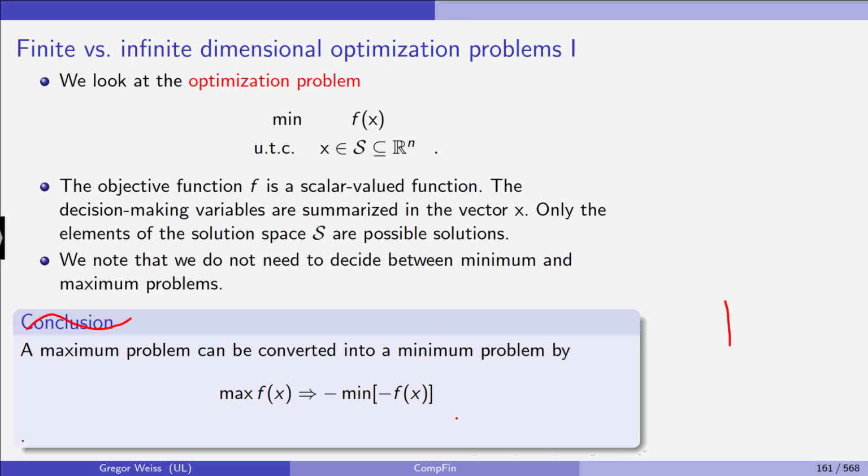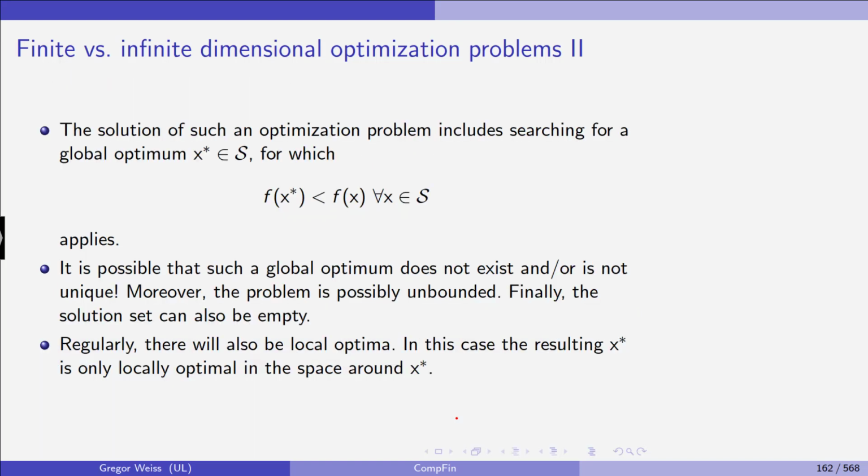So those two are equivalent. Then the solution of such an optimization problem includes searching for a global optimum x star in the solution space S such that f of x star is smaller than f of x for any x in the solution space.